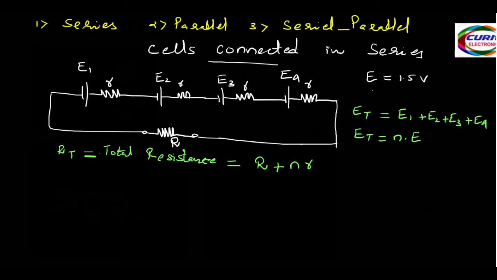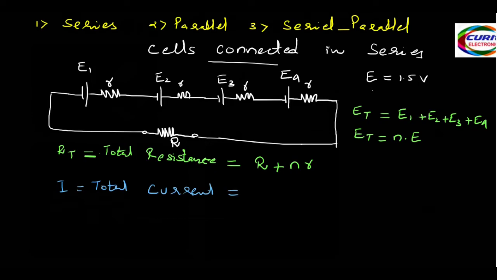Now what is the current flowing through the circuit? That is I, the total current flowing through the circuit. What is the total current?